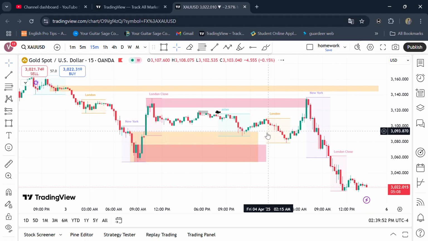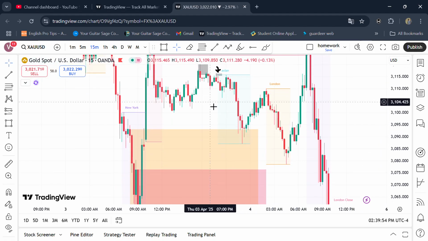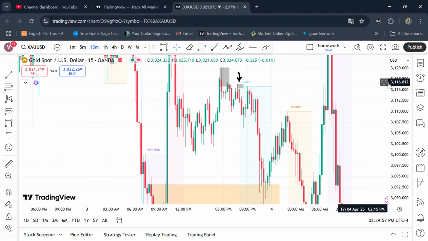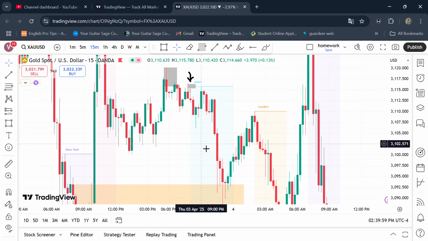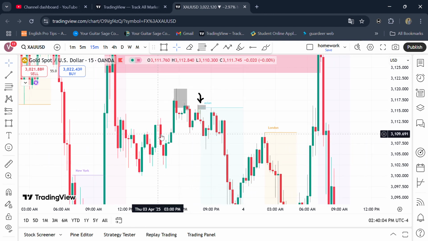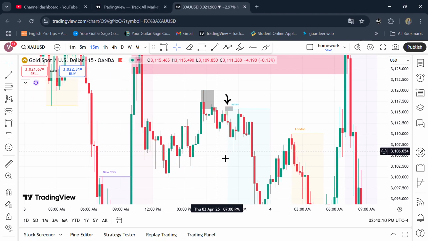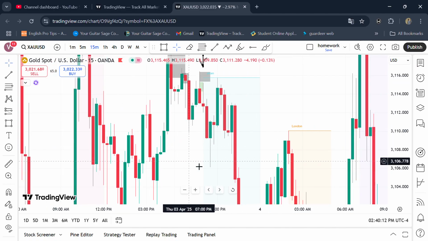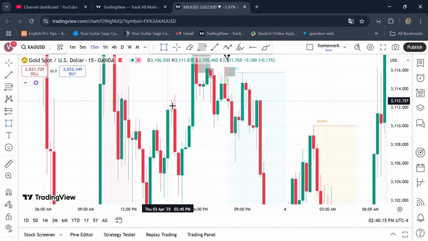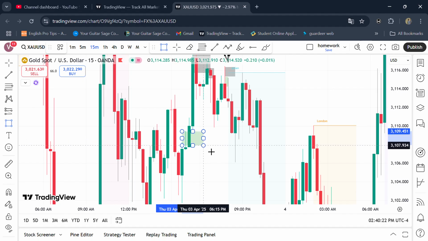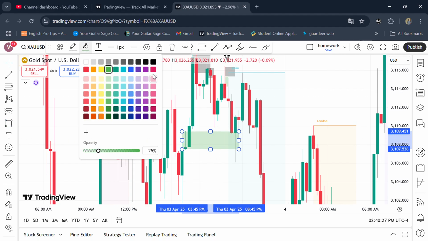Let's again see what has happened on 15-minute. You will find on 15 minutes there is a mitigation block. This is actually a weak order block, so let's not consider this one. But then you will find here you have one order block on 15 minutes which will mark in pink.